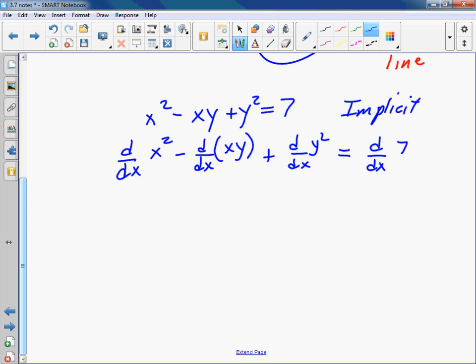So this one's not too bad. That's just 2x minus. Now notice xy is x times y, which means it's a product, which means we need to use, you guessed it, the product rule. So we can say minus, okay, product rule, the first times the derivative of the second, y dx, plus the second times the derivative of the first.